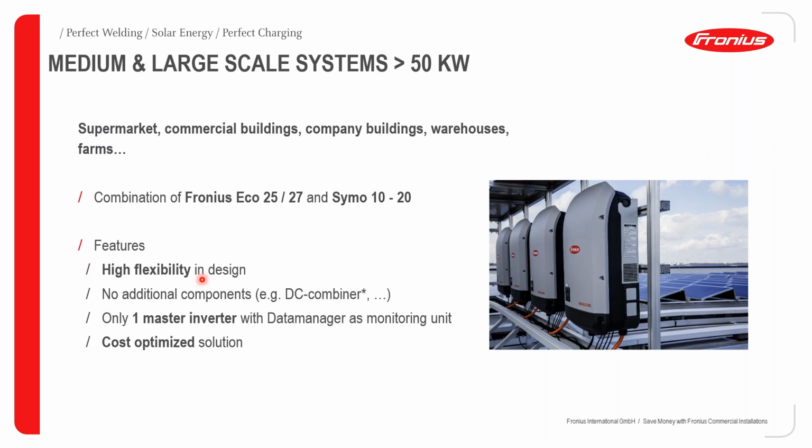And with an oversizing percentage of 115, we're able to have a very good ratio between the DC side, the PV generator, and the inverters. So it gives you that flexibility of combining inverters to achieve particular capacity targets as required.